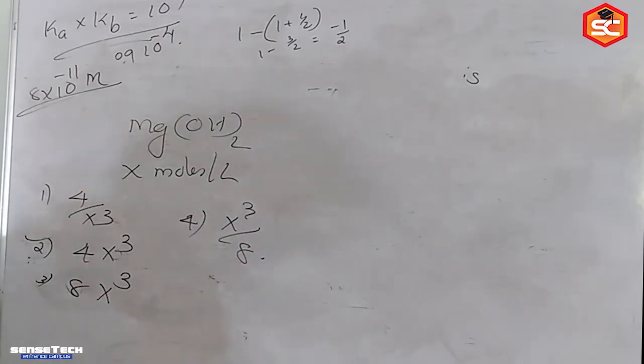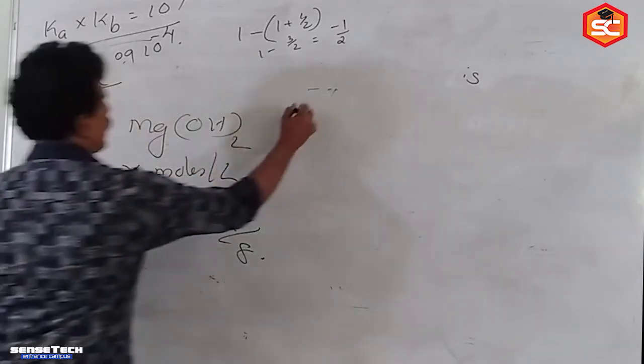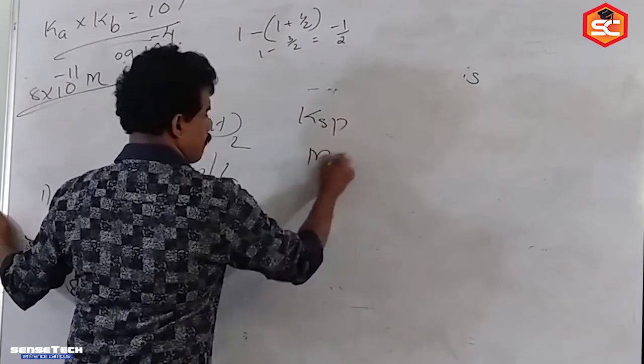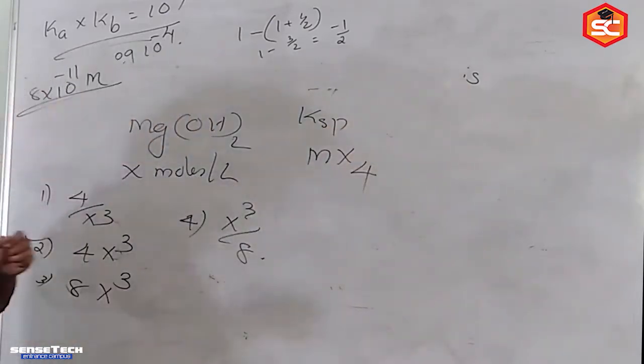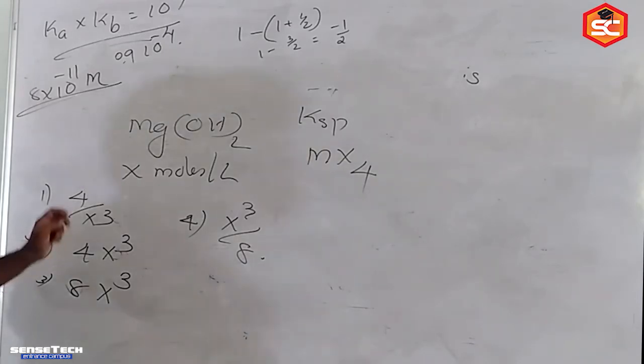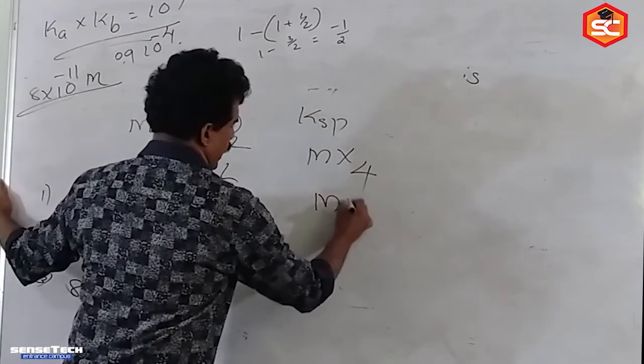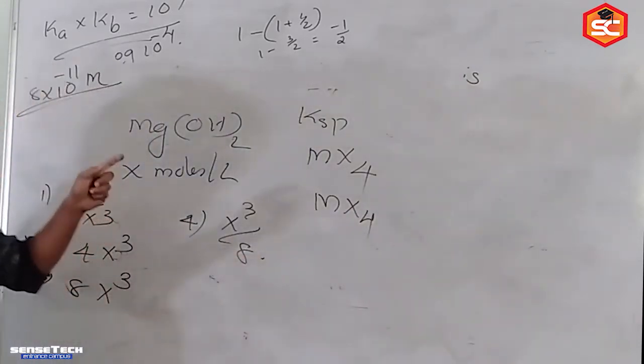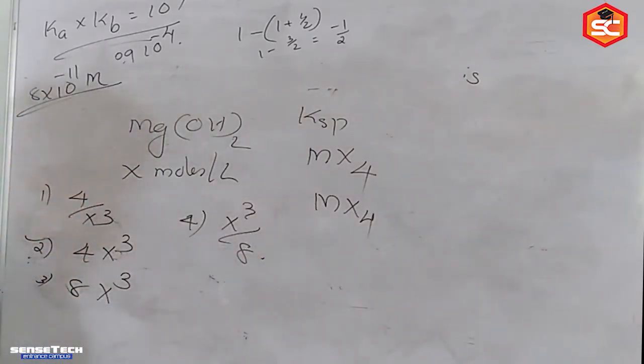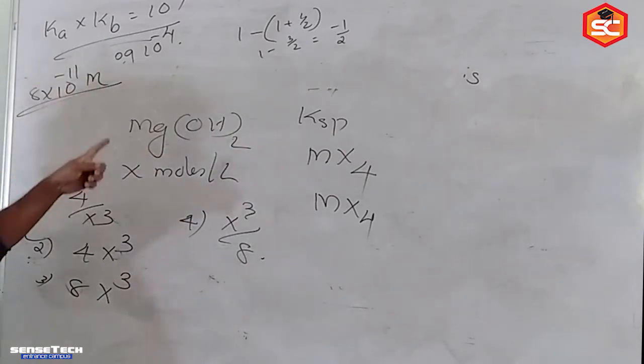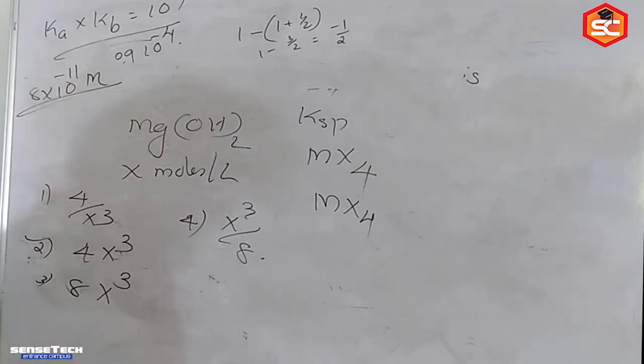The next question: Ksp of MX4 and the solubility of MX4 in moles per liter are related by, what is the relation between the solubility of MX4 and Ksp of MX4?